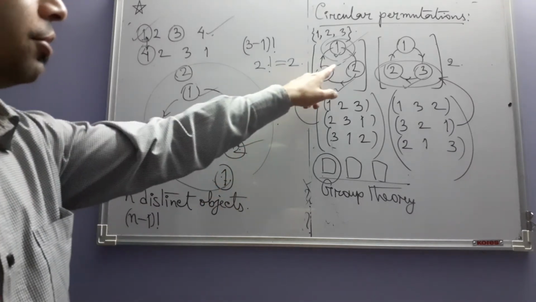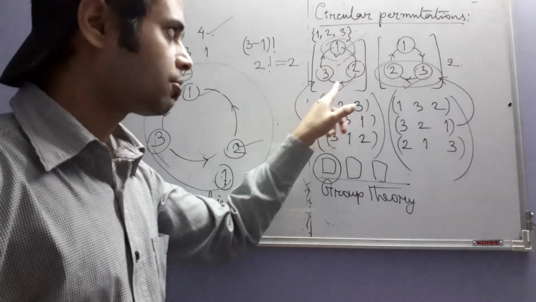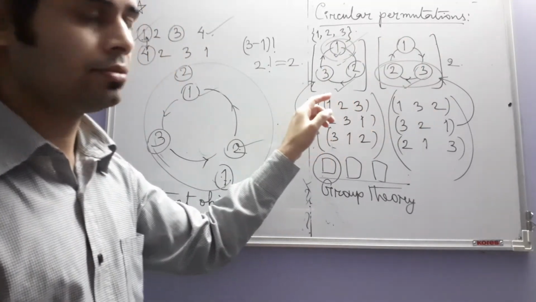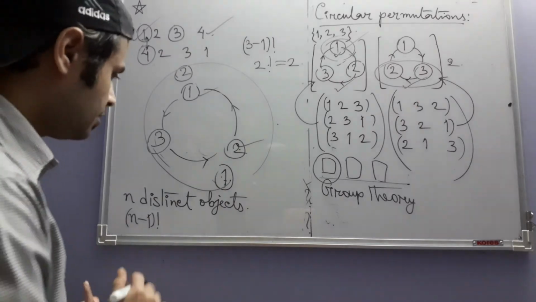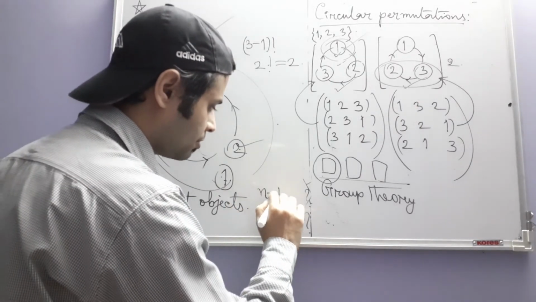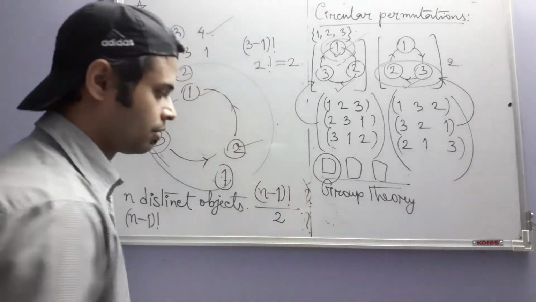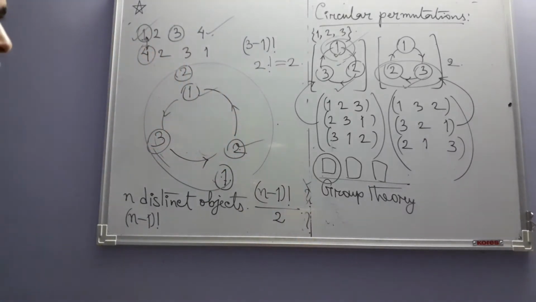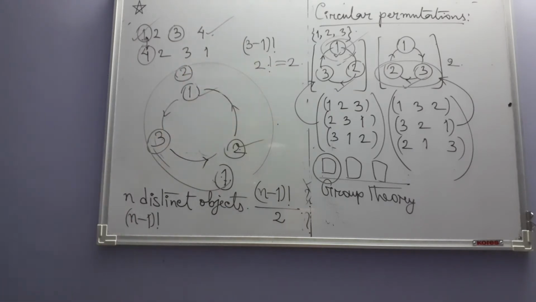Further, if you are not distinguishing between counterclockwise and clockwise rotation, these two are also the same. So in that case, this is further reduced to half of that value, which in our case will be only 1, because 2 by 2 is 1. So that is circular permutations.